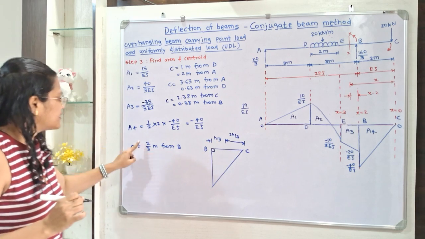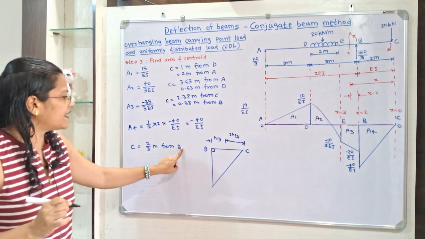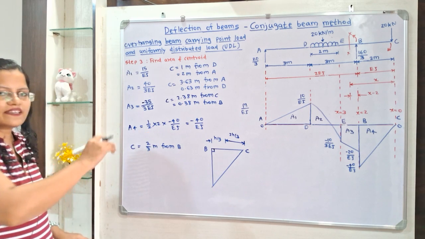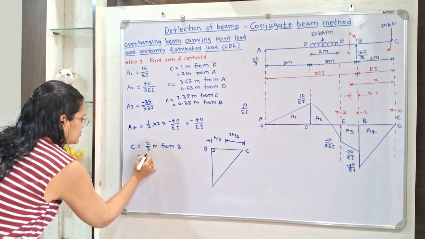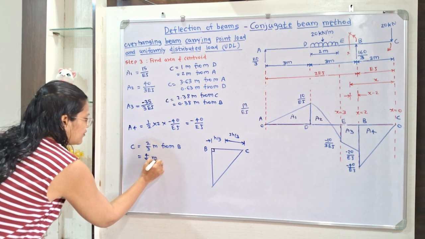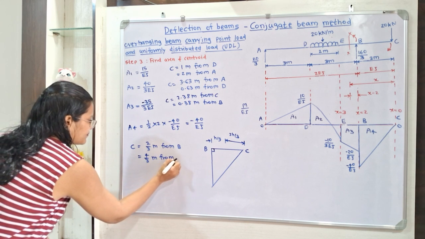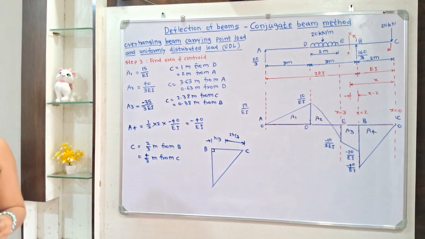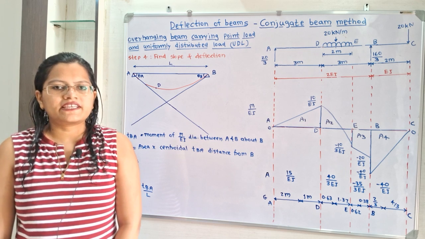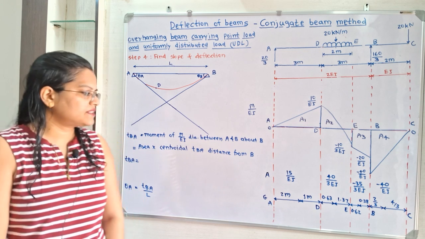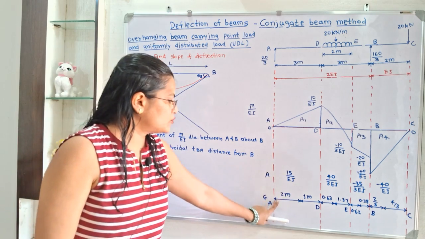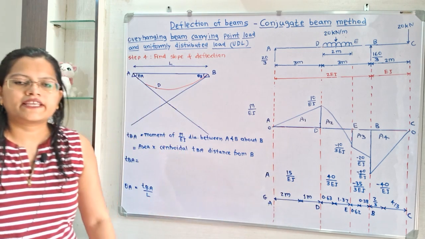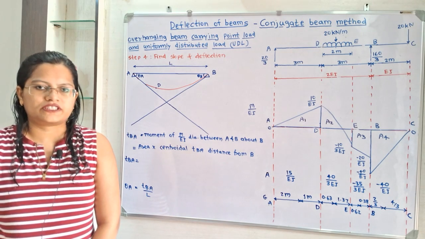So h by 3, that is 2 by 3 from the end B, and 2h, that is 2 multiplied by 2, that is 4 by 3 meter from C. We have to show area as well as location of the centroid in the diagram. So here I have shown the area and location of this point G.